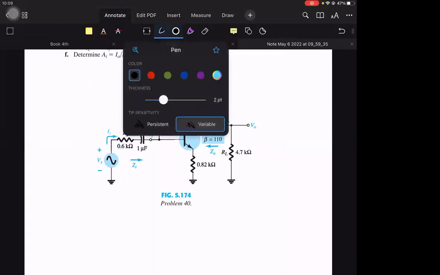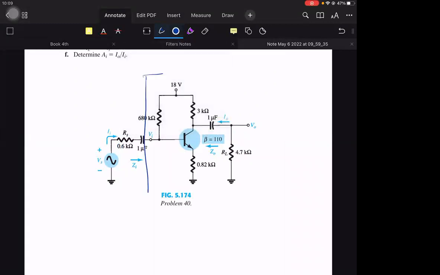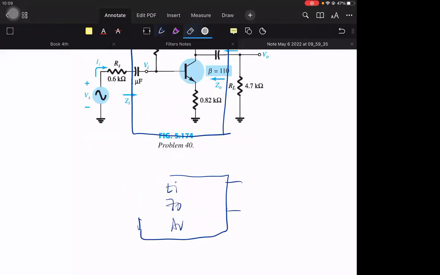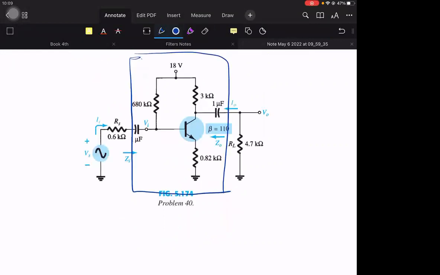I want to emphasize that this is our BJT amplifier, which later can be simplified as just a black box, or a two-port system characterized by input impedance, output impedance, and gain. That's our amplifier. This part here is our source, and this part here is our load.